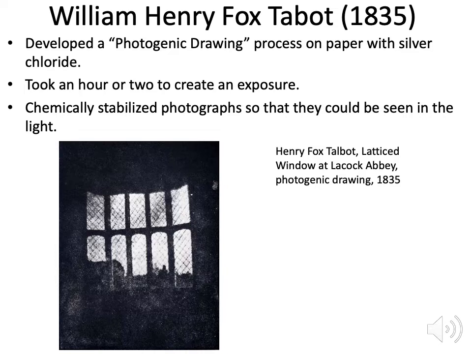It took about an hour or so to create an exposure. And it's a chemically stabilized photograph, so they can now be viewed in straight light. It's going to be permanently fixed onto the paper. And we're going to talk more about him and his contemporary Daguerre in the next presentation next week.